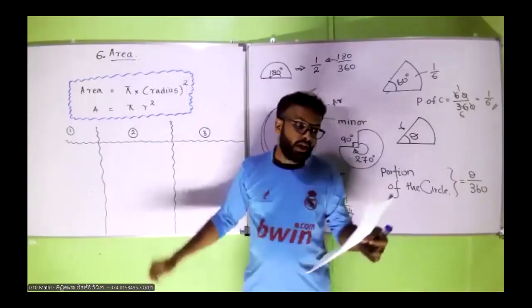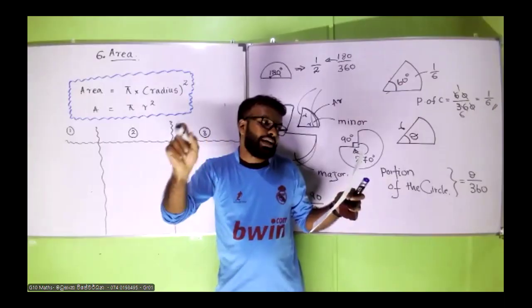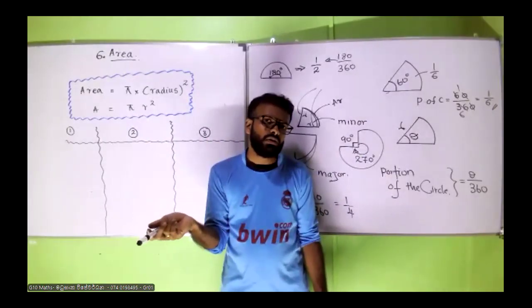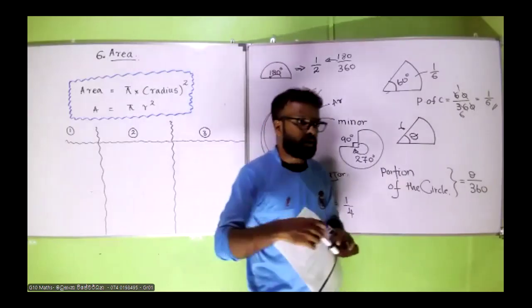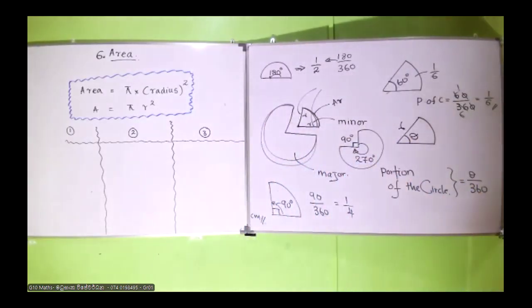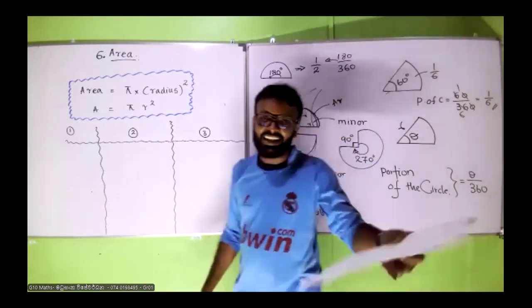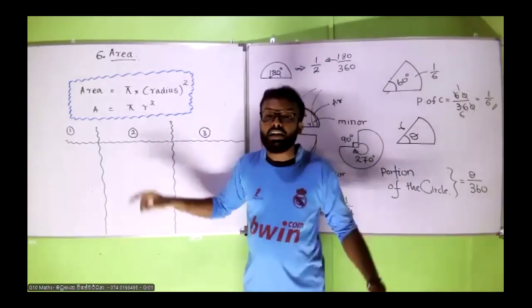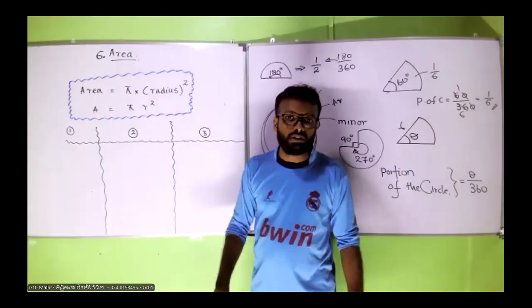In the second column, they are asking for the shaded part as a portion of a circle.